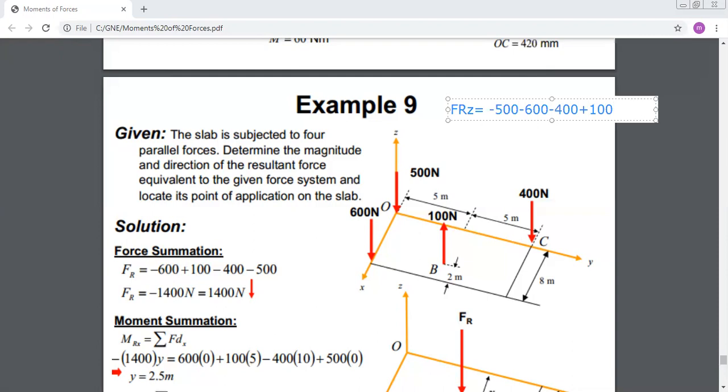So you get here minus 1,400. So your resultant force is equal to 1,400 Newton downward.